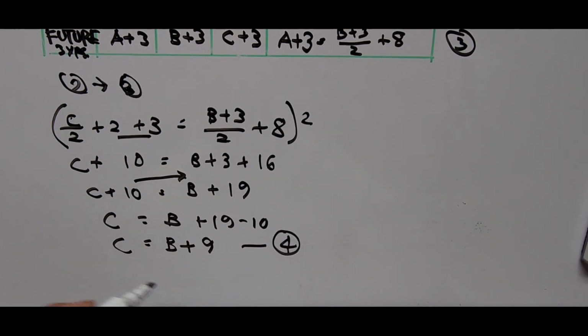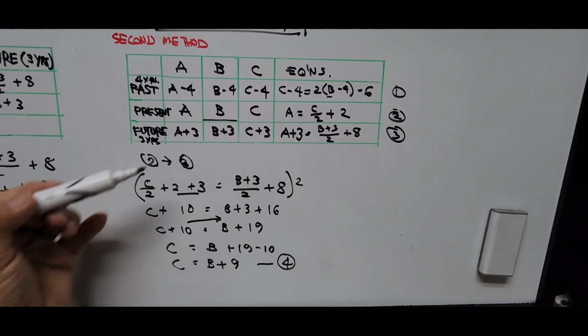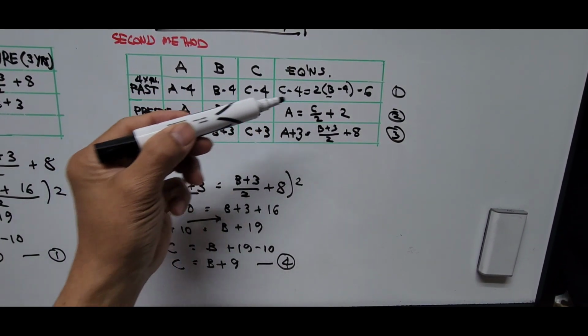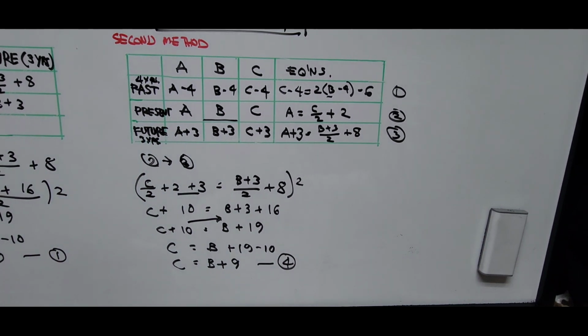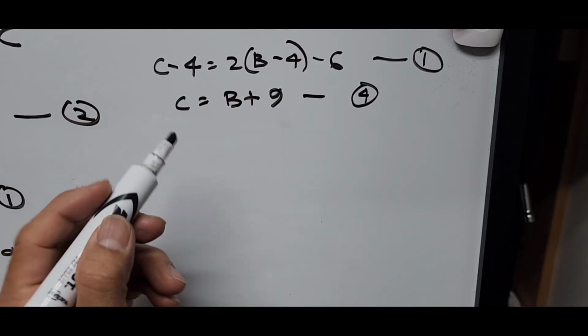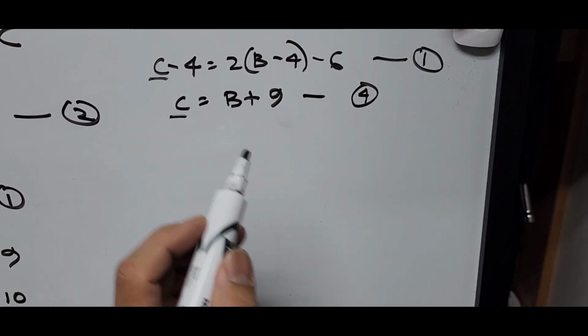And from here now, we equate equation 4 to equation 1. By doing that, we have the value of C over here, and equation 1 has a value of C, so we'll get the value of B out of that. So we take the value of C in equation 4 into equation 1.